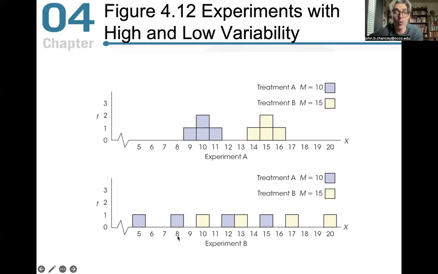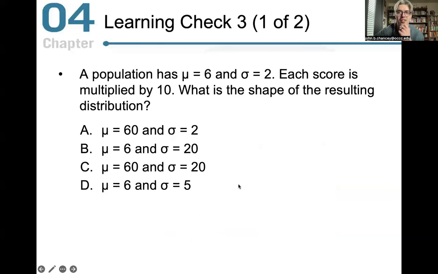Versus if we look here, we see more spread, and it's much harder to pick out a pattern. Even if we're talking about the same means, the spread of the scores tells a different story with our data, and that's again the whole purpose of using these measures of variability: to tell more of the story of what's going on with our data.